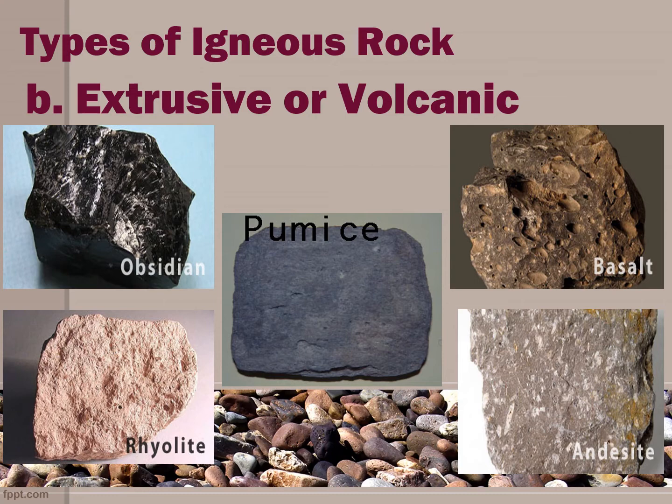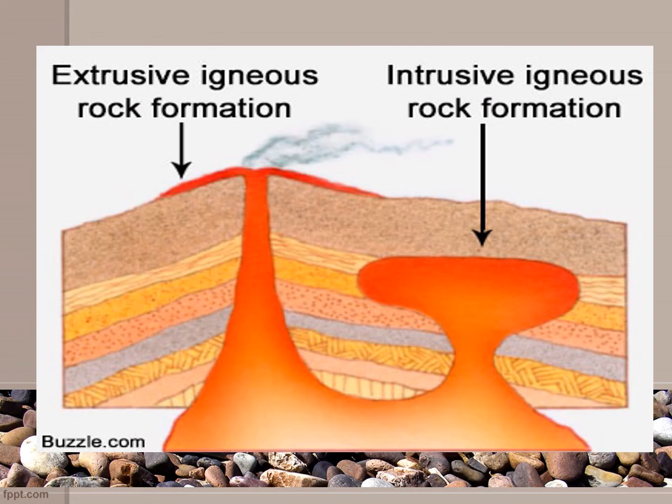Okay, so it's very glassy because it underwent a fast cooling process. So these are where the extrusive igneous rock forms, along the surface of the Earth, and beneath the surface of the Earth, doon nangyayari ang ating intrusive igneous rock formation.